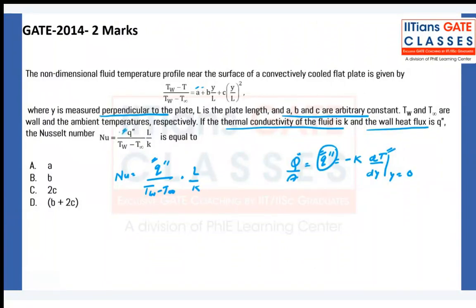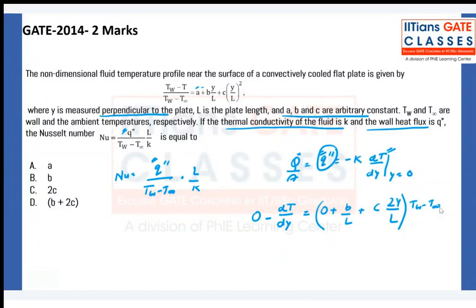So dT by dy I need to calculate. dT by dy is 0 plus b by L plus c 2y by L, and everything multiplied by T wall minus T infinity. Yes, the sign is right, B is the right answer.